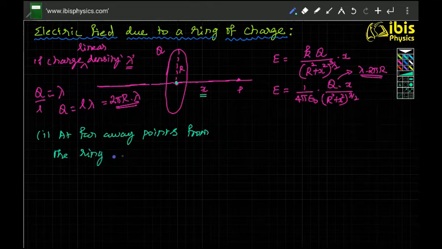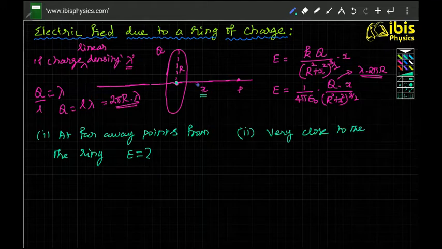The second is very close to the center of the ring, because the x is on the axis, the distance along the axis. So the moment it gets very close to the center of the ring, what is the electric field?